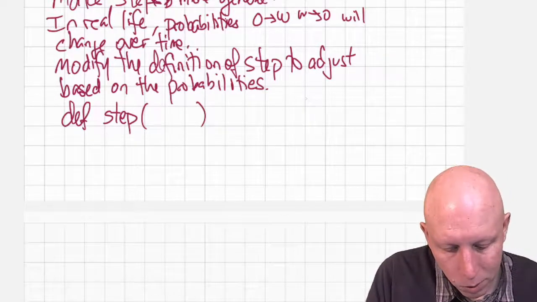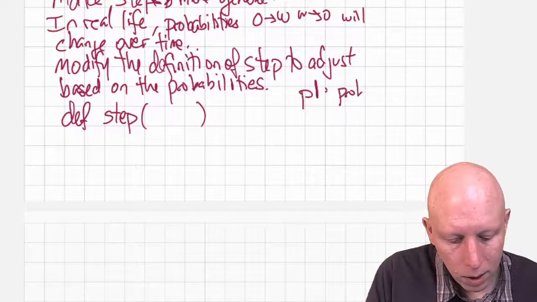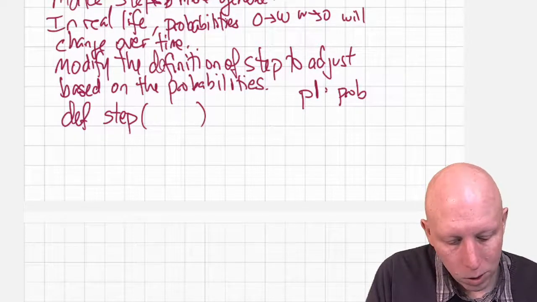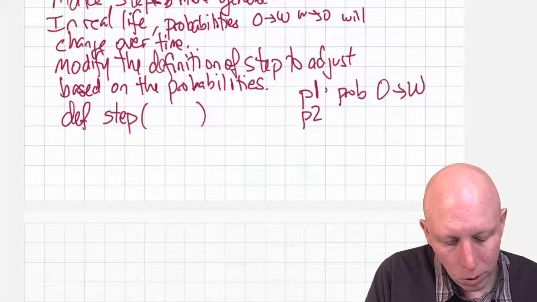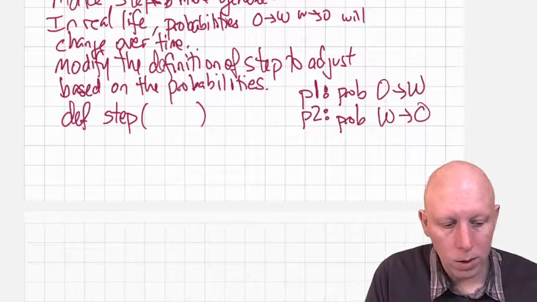So in our minds, we're thinking P1 is the probability that a bike goes from Olin to Wellesley, and P2 is the probability that the bike goes from Wellesley to Olin.